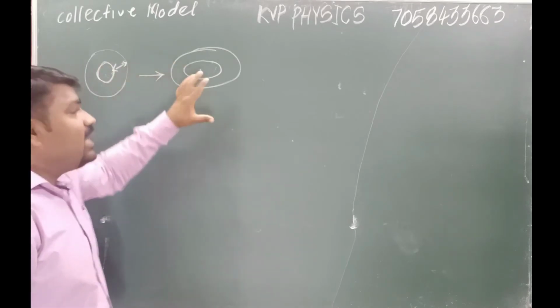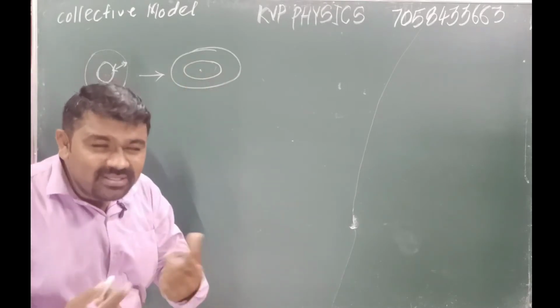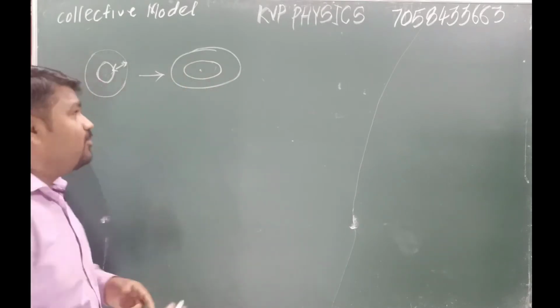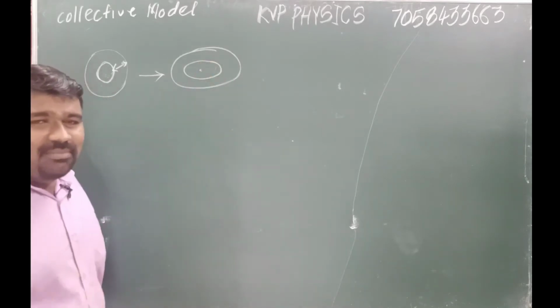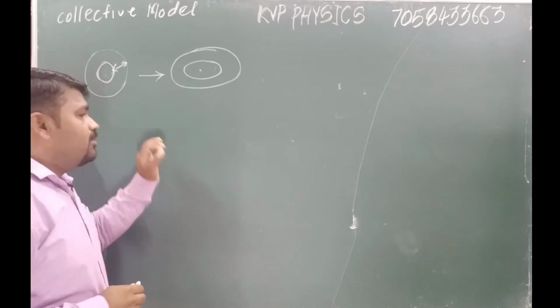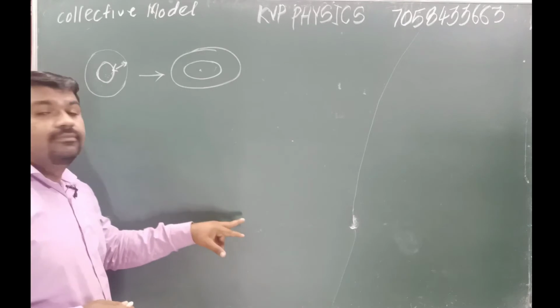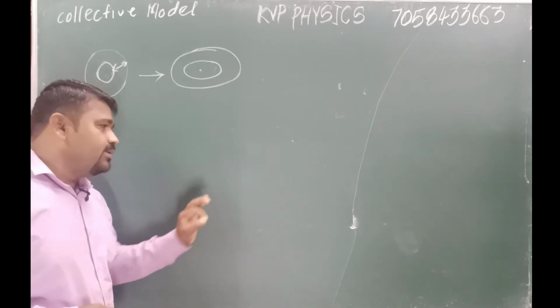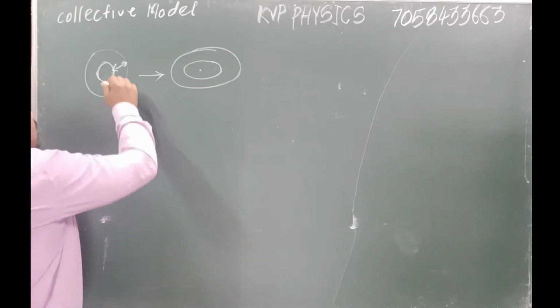In the shell model the nucleus is spherical, but in the collective model there is a deformation of the nucleus. Because of deformation we get some extra terms, and these extra terms give the proper result for the electric quadrupole moment and magnetic moment of the nucleus. What happened here?